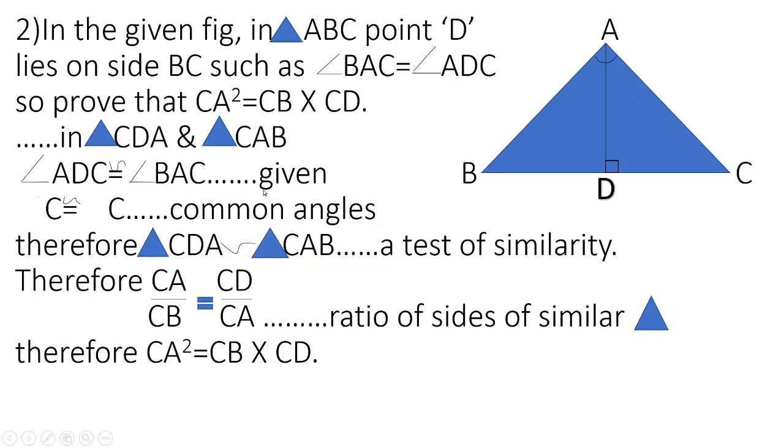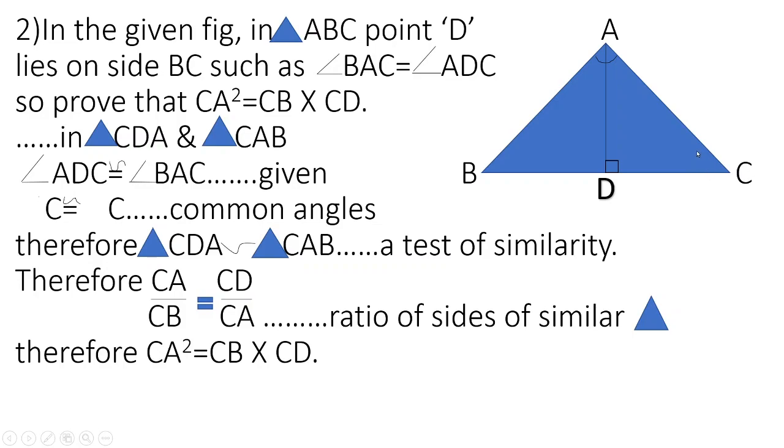Reason: given. Then you can see in CDA angle C and in CAB angle C. In both triangles, C is a common angle.